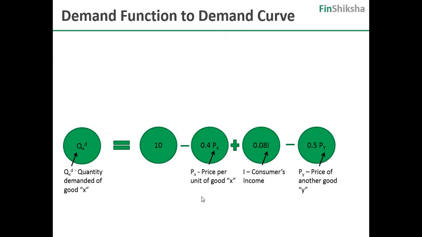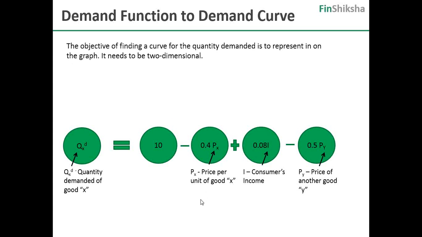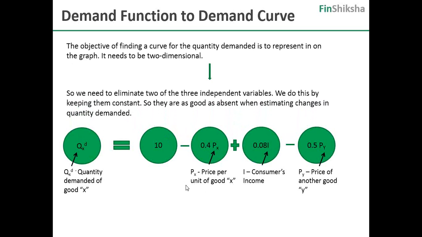So that's the function that you want to calculate. The first thing you want to do is freeze a couple of items. At this point this has a lot of elements in it. It has income, it has price of some other good. So we want to eliminate two of the three independent variables. How do we do that? We keep them constant.